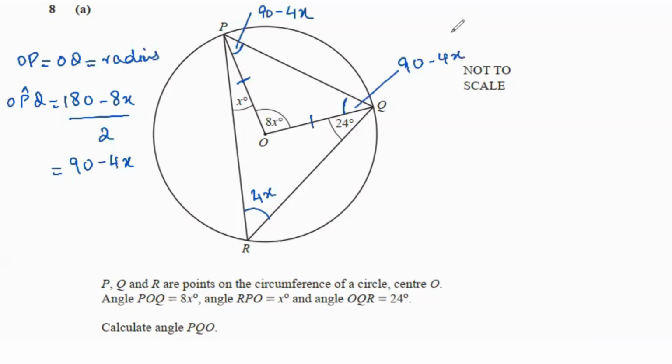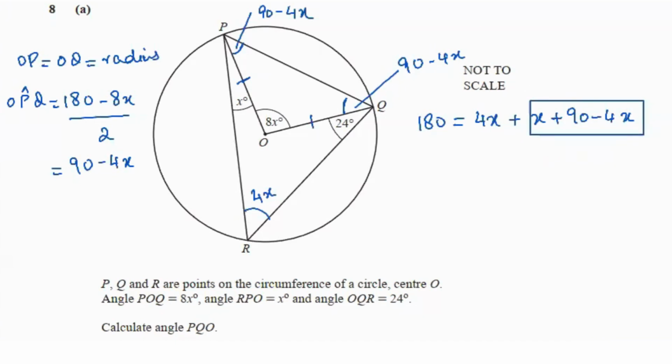So now we know that the triangle PQR has a sum of angles of 180 degrees. So 180 is going to equal 4x plus x plus 90 minus 4x. This is basically your angle RPQ, this entire angle over here.